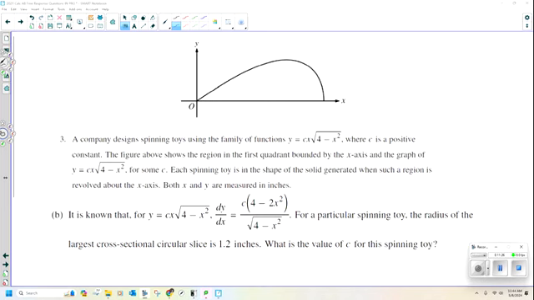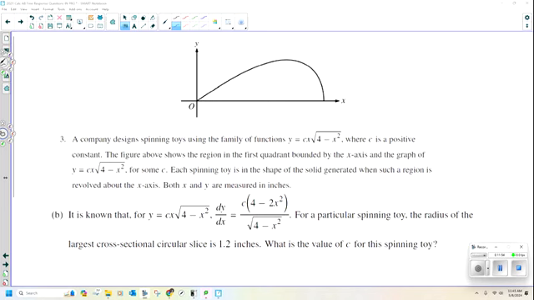Okay. So we are going to follow the theme of more deciphering before we can really get to the meat and potatoes of the algebra of the problem. 3b reads, it is known that for y equals cx square root of 4 minus x squared, that the derivative dy dx is c times 4 minus 2x squared all over the square root of 4 minus x squared.